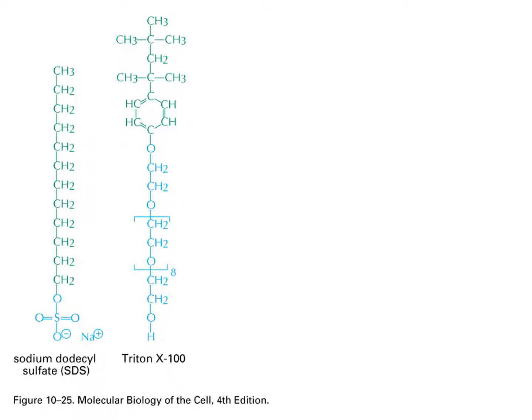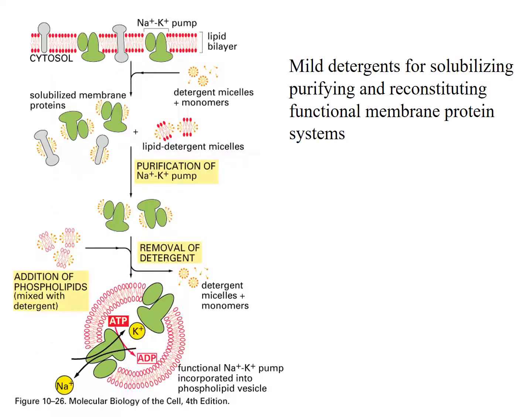Here are two common types. We've talked about SDS. Here's another one called Triton X-100. These are detergent molecules that take the place of phospholipids and coat the proteins here. And so mild detergents are used for solubilizing and then reconstituting in a kind of cell-free system concept.